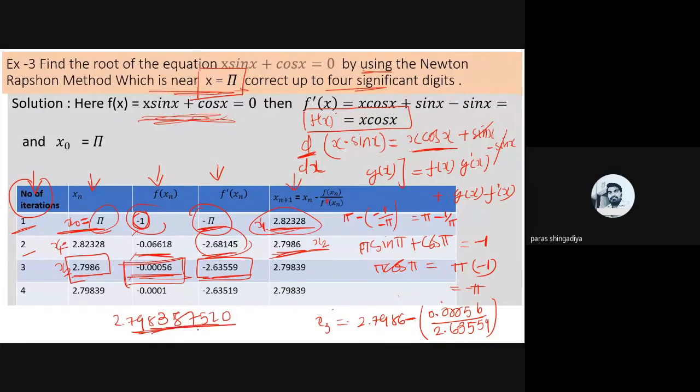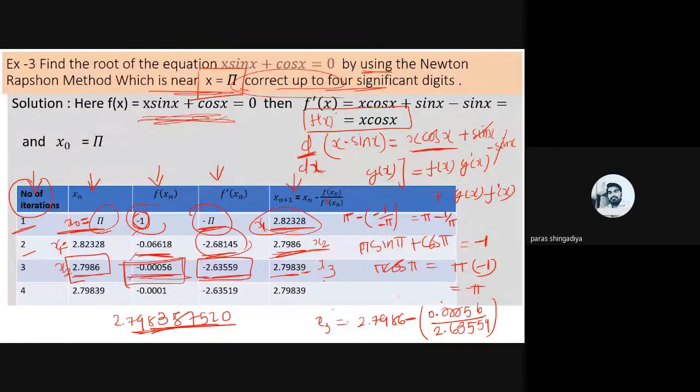This value you will get in the calculator, and you just consider the round off value up to 4, otherwise 5 decimal. So here I consider 2.7983, and it is 87520, so we can consider as a round of 9. So 2.79839. So it is x3, and now check again x4, because we required the answer correct up to 4 decimal places.